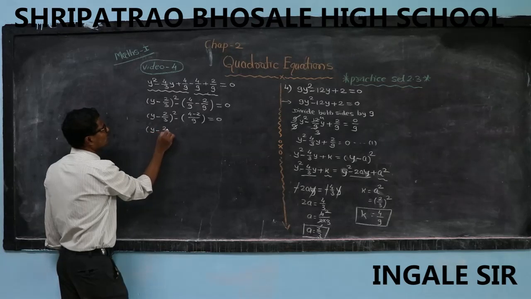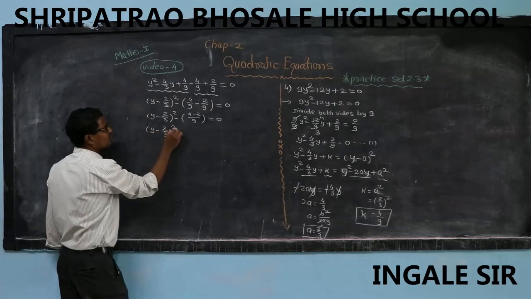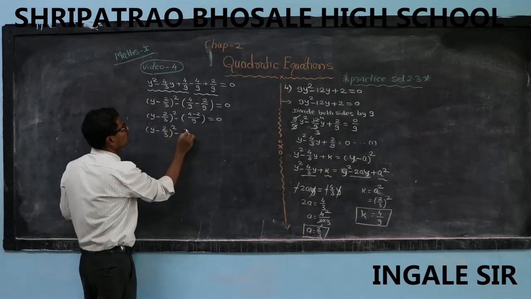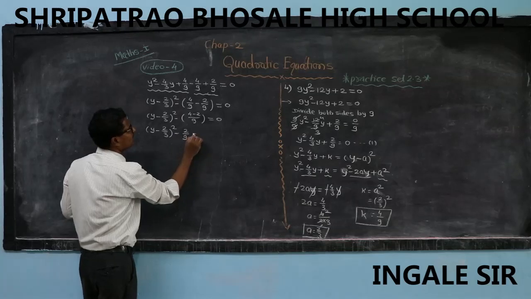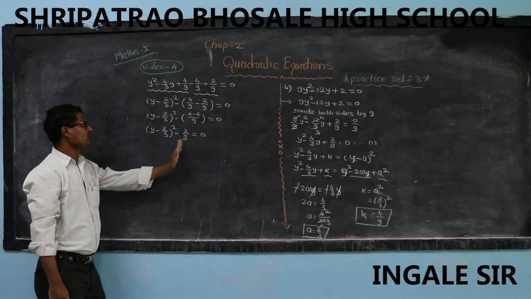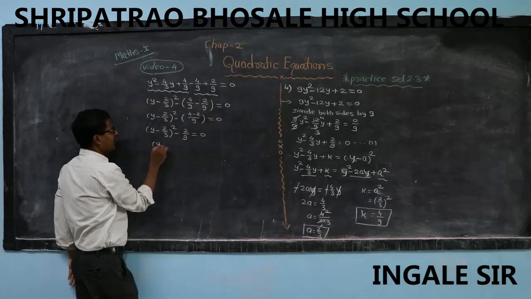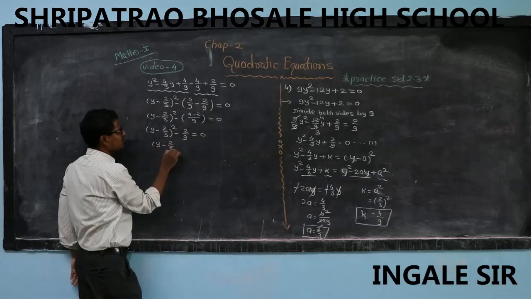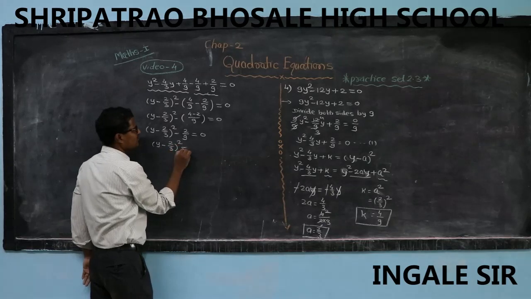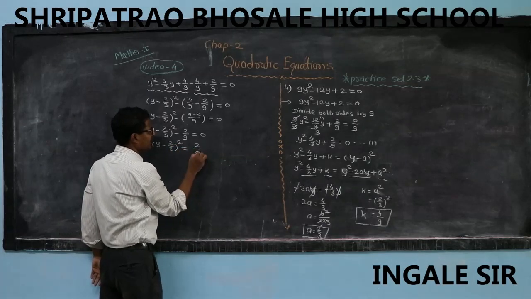Y minus 2 by 3 bracket square minus 2 by 9 is equal to 0. Now take minus 2 by 9 to the right hand side: y minus 2 by 3 bracket square is equal to 2 by 9.